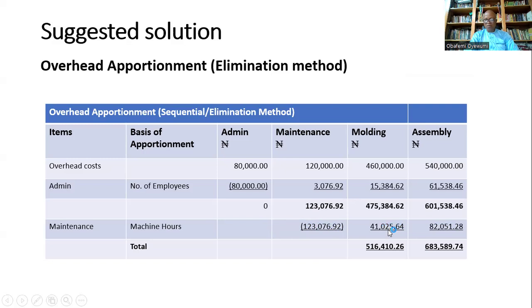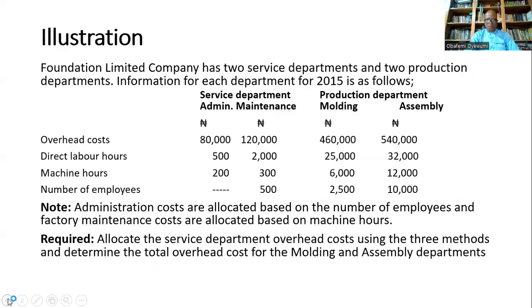Here we have 41,000 and then 82,000. You're still going to be using the same basis, the number of machine hours used by these departments. Remember, we had a question earlier on here, so we're going to be using machine hours, 6,000 and 18,000 and 12,000. When it comes to the number of employees, you're going to use this.